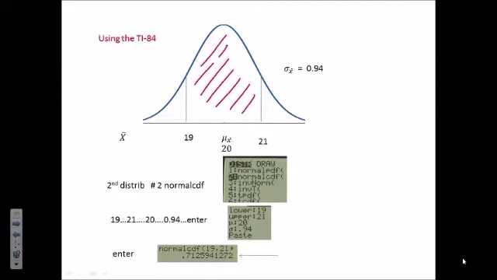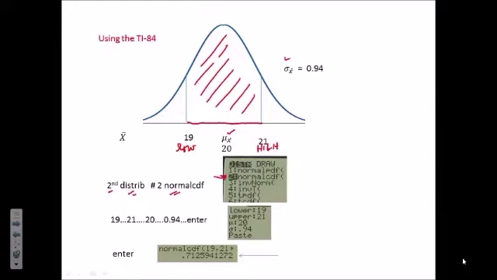What you need for the NormalCDF is the low end of this interval, the high end of the interval, mu and sigma. So it's second distribution, number 2, NormalCDF.